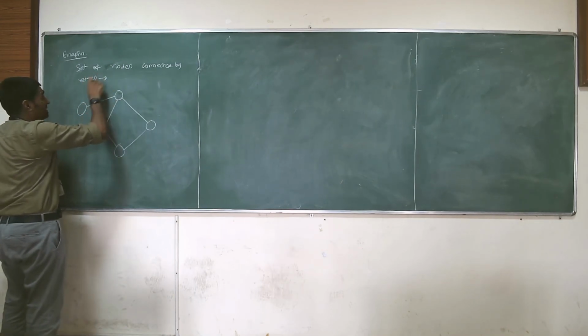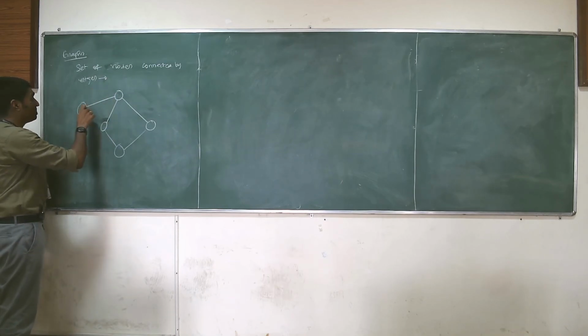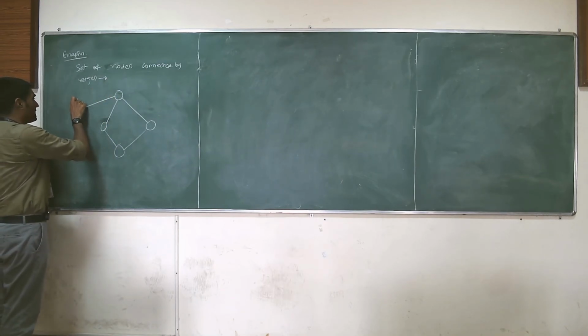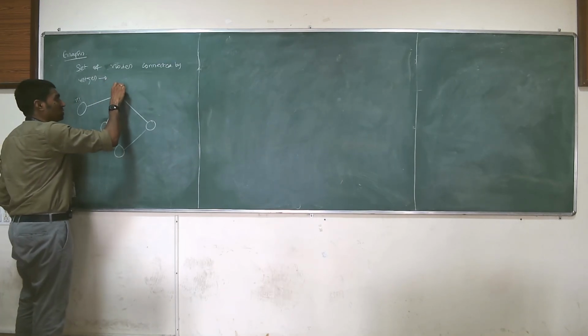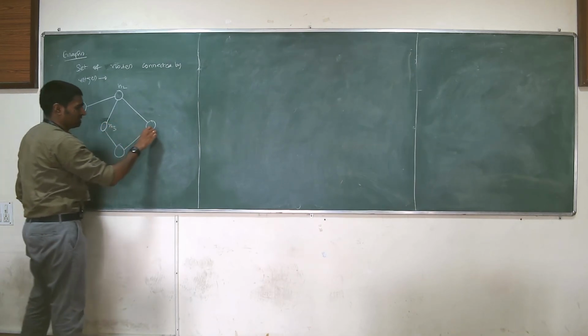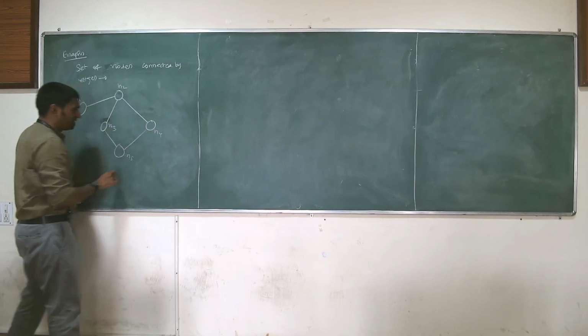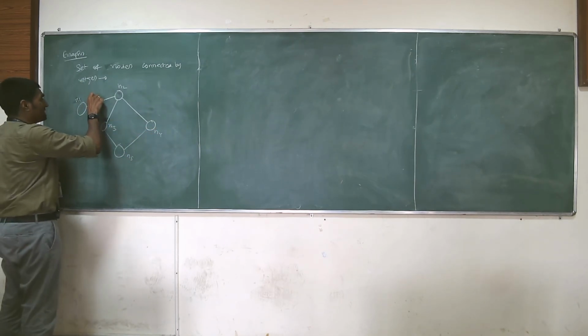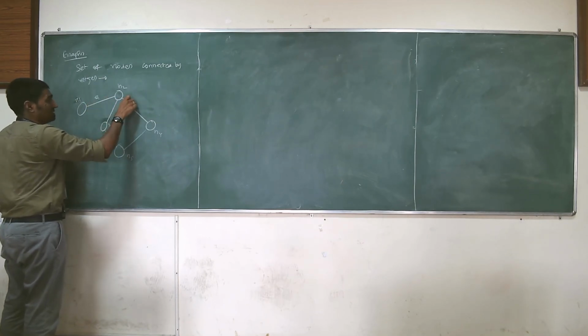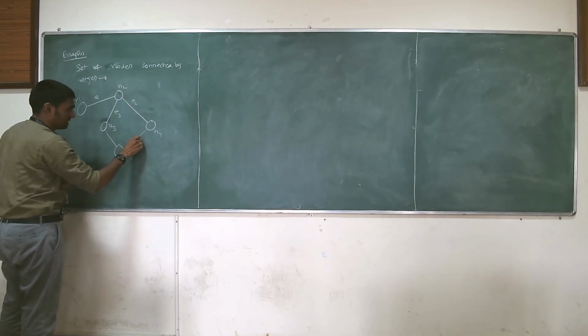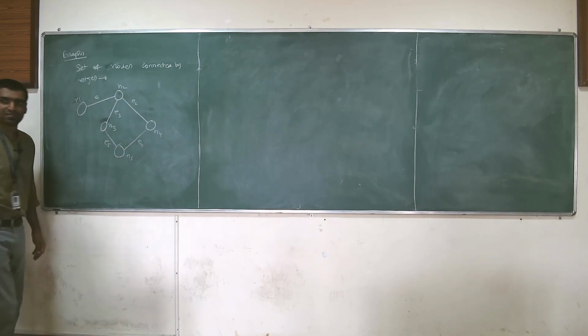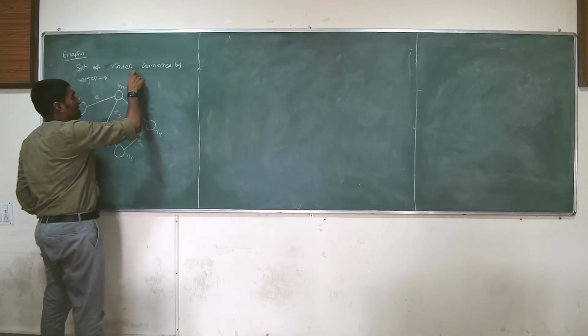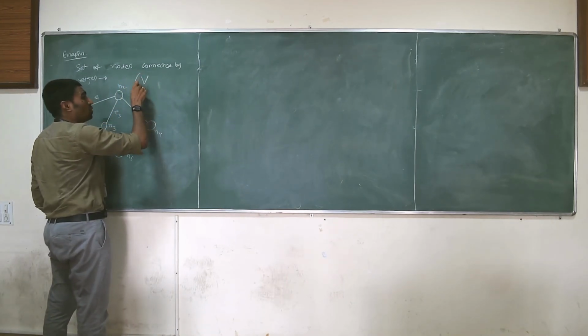And a graph, if you were to define it formally, it's simply a set of nodes. Say this is node 1, node 2, node 3, node 4, node 5. A set of nodes and a set of edges. Let's say I'll call them E1, E2, E3, E4, E5. So you simply have a set of nodes or vertices.